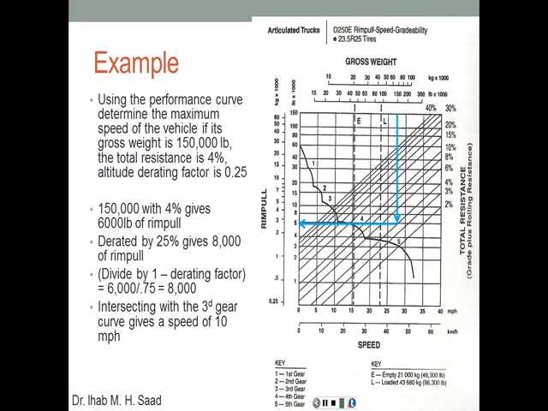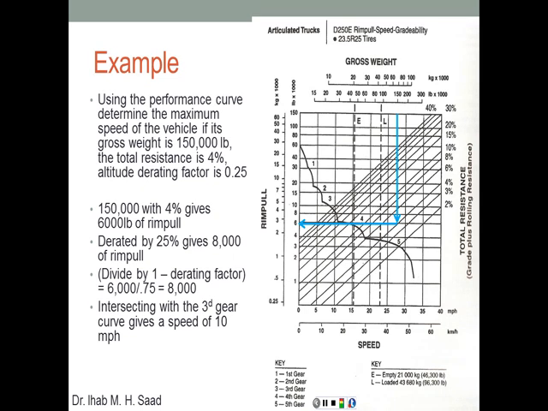But remember that at this higher altitude, we're not going to be able to use all of that 6,000 pounds. So to overcome that resistance at the higher altitude, we need actually more than 6,000. That 6,000 was not taking into consideration the effect of altitude.